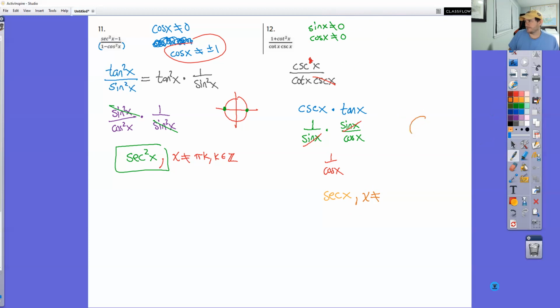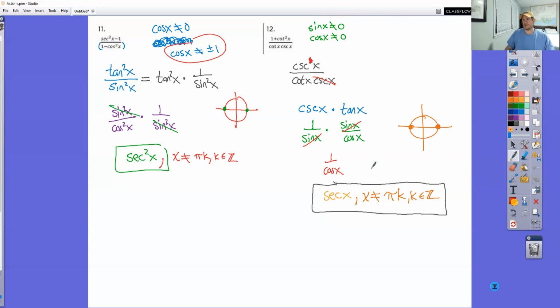Sine is y values. Y values are 0 here and here. So we need to exclude those positions on the unit circle, which are 0 plus pi, pi, pi, pi, pi. So pi k. K is an integer. All right. So there's your simplified function with extra restrictions heaped upon it.